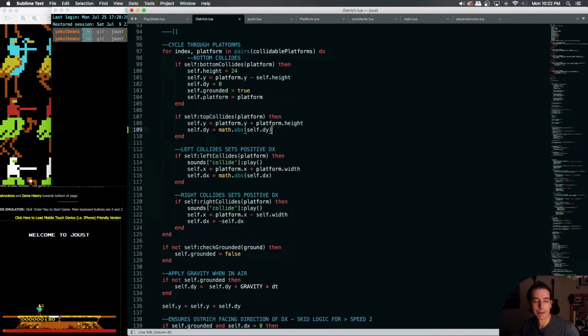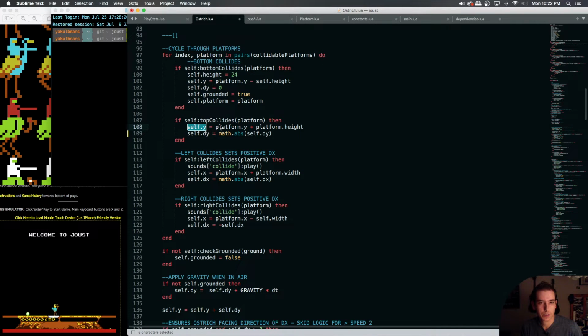But it still applies by gravity, so it would still bounce faster. So how do we... And the thing is, since we are resetting its y position, this top collides will only get called, or ideally only get called once upon the collision. So we can modify this dy by negating gravity that frame or something.